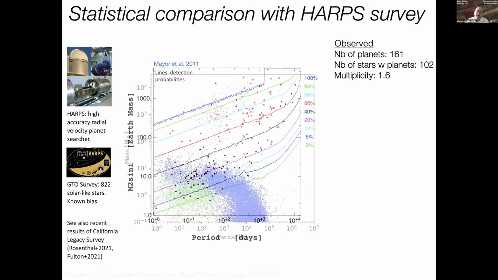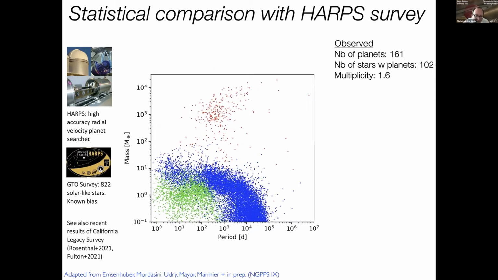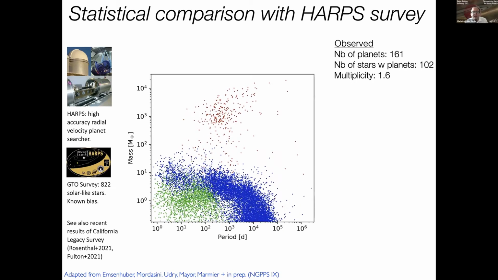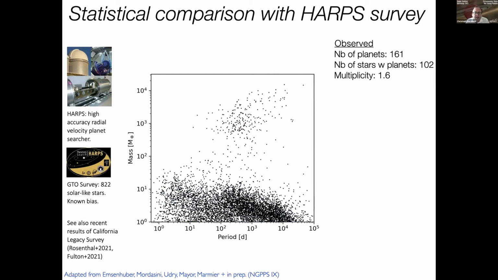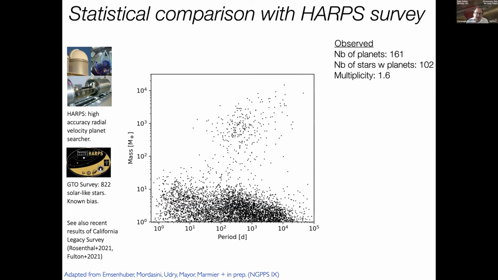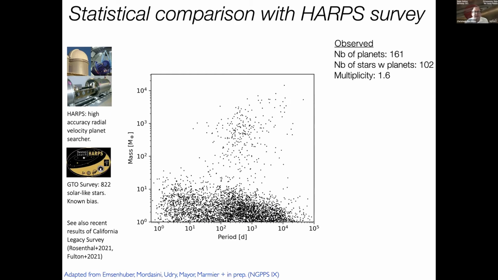Now we can try to see what would have happened if HARPS had observed our synthetic planets. So we take 822 synthetic systems, we zoom in on the period range that we probed, then we apply the sin i effect, and finally we apply the synthetic detection bias.